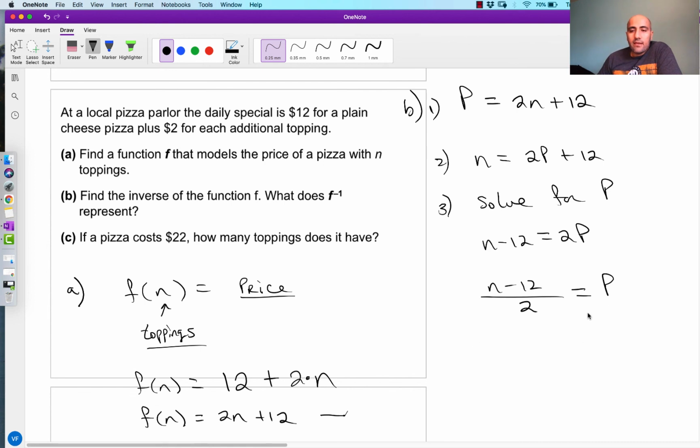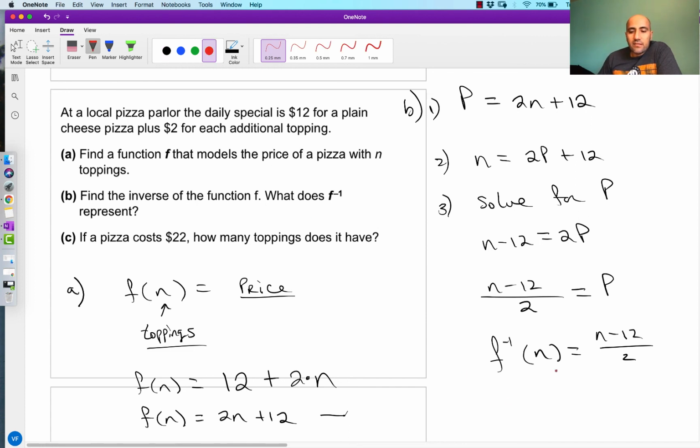And then we rewrite it in the inverse notation. f inverse of n equals n minus 12 over 2. And for the letters to be meaningful, okay, so here we input toppings and out comes the price.